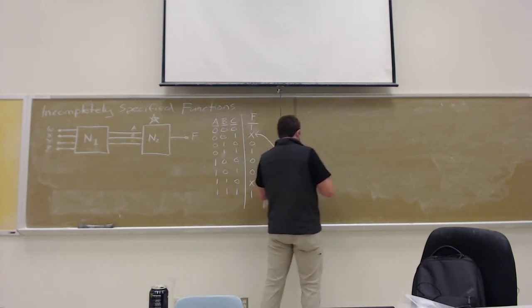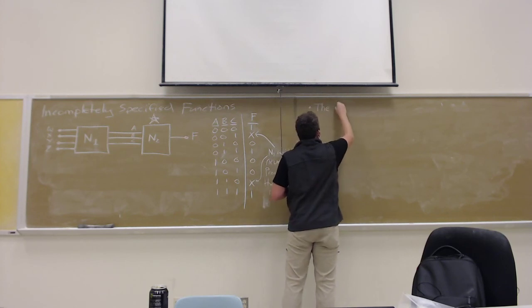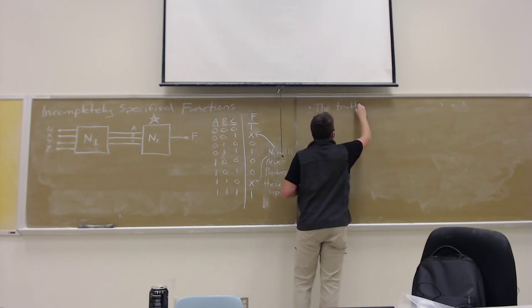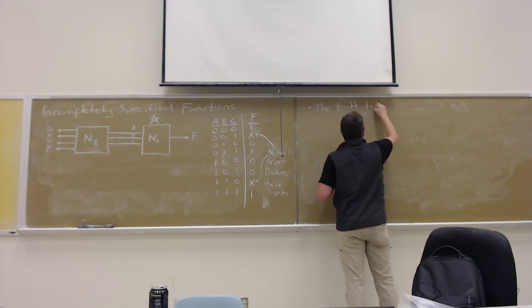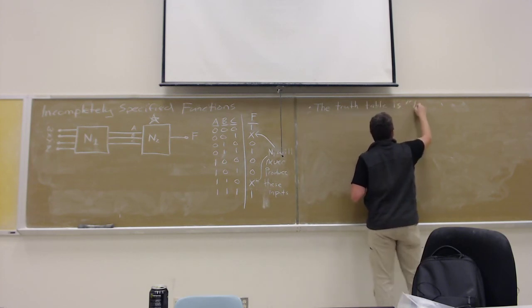Now the game here is, first off, the truth table that we've got here is what we call incompletely specified.